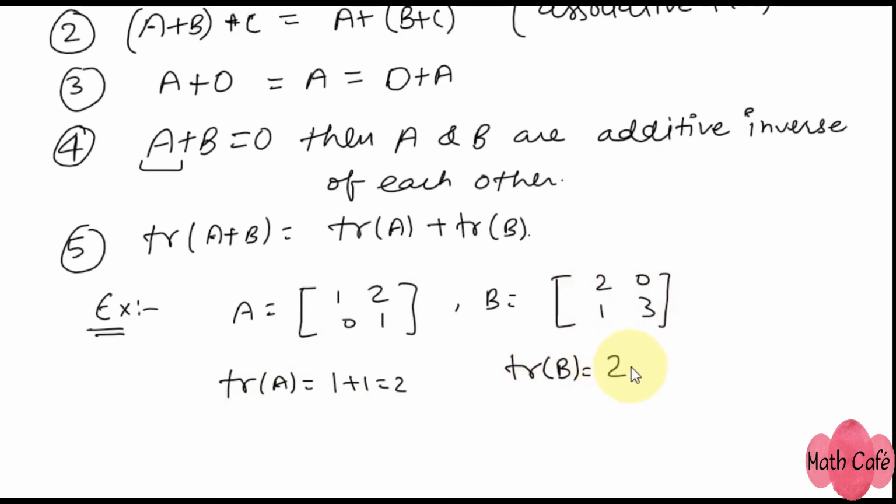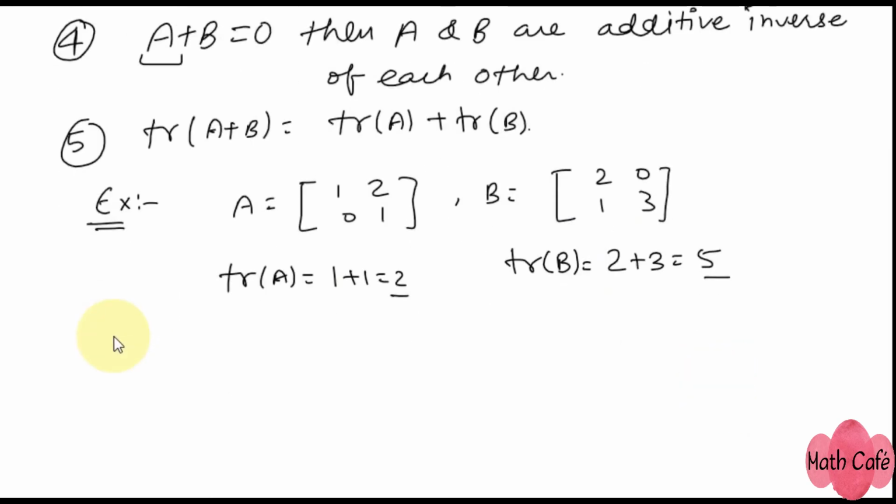And trace of B we can easily obtain by adding all the diagonal elements. So 2 plus 3, that will become 5. So here trace of A is 2 and trace of B is 5.